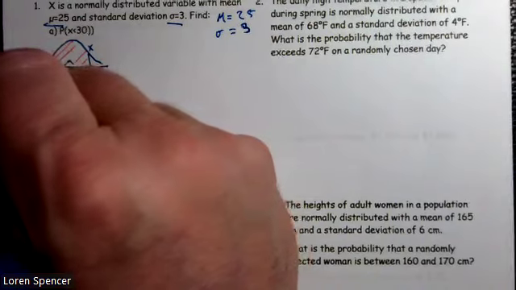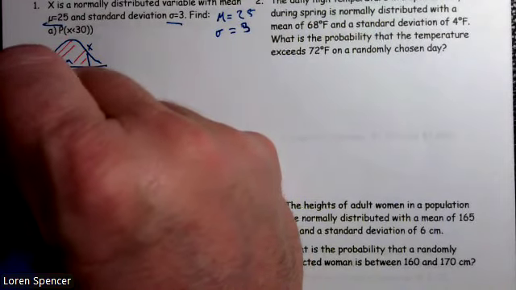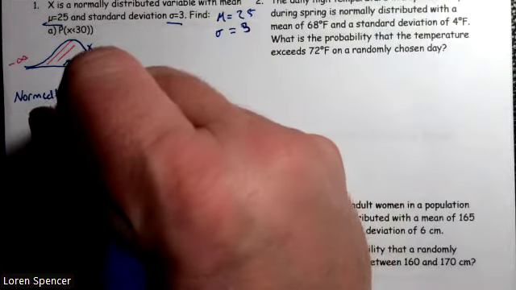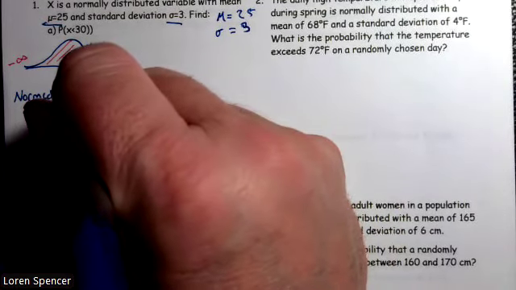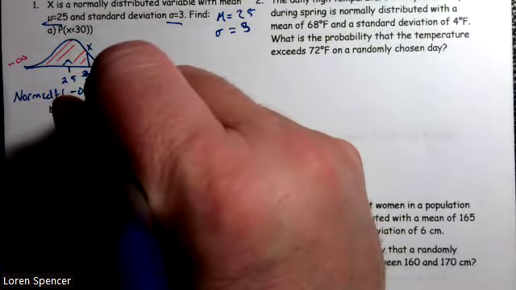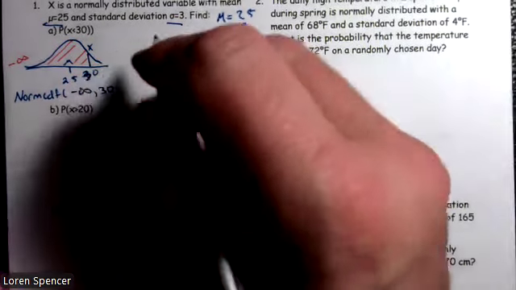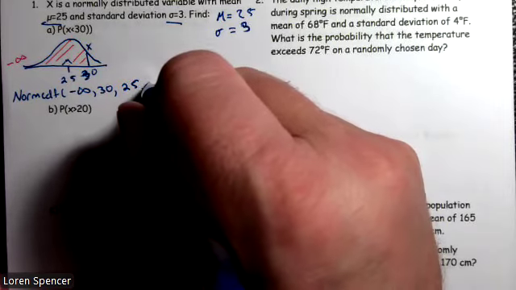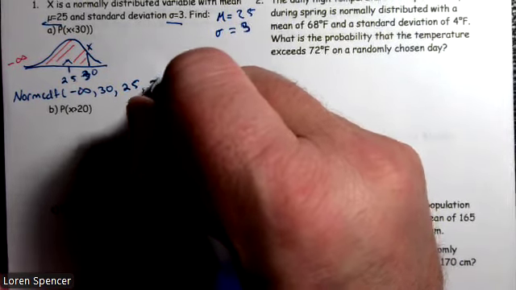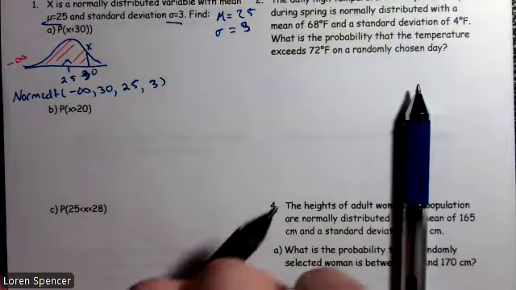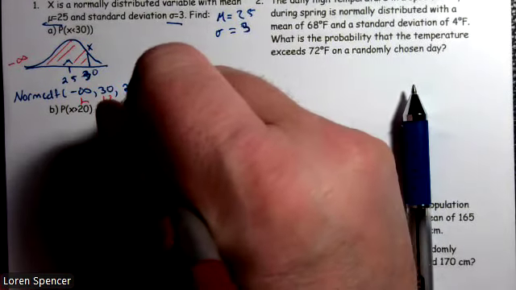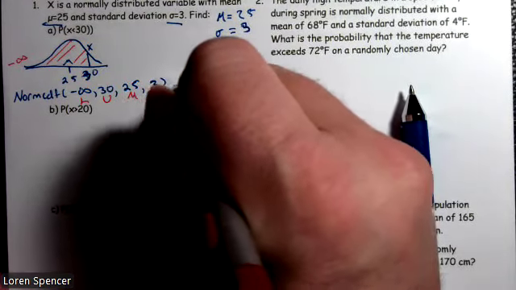So we want to go to the NormCDF on the calculator. Our lower bound is negative infinity. Our upper bound we shaded to 30. We have a mean of 25 and a standard deviation of 3. Once again, this is our LUMO: L, U, mean, standard deviation.